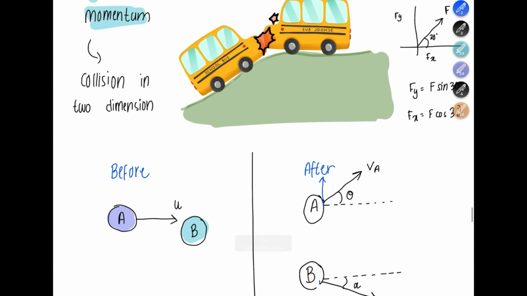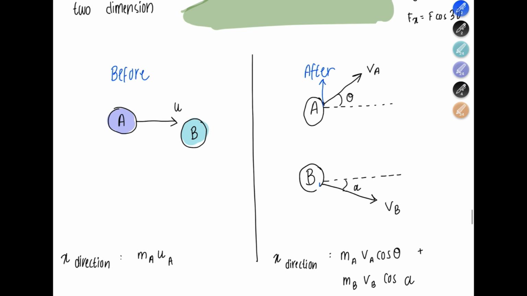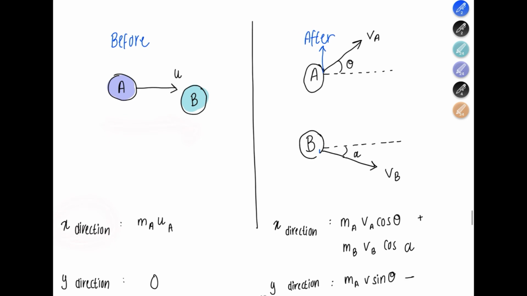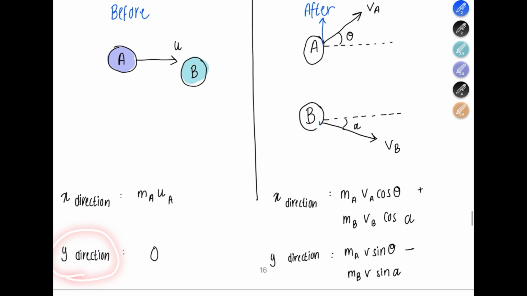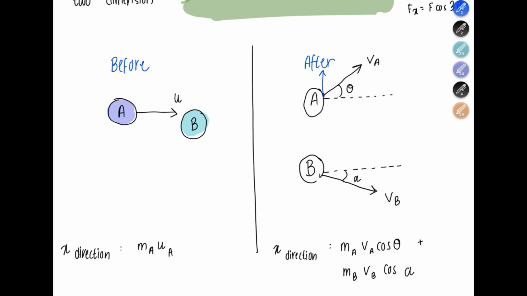Now let's write down the equations for this. So we can either solve this in x direction, which is parallel to the velocity, or we can find it in the y direction, which is perpendicular. It's your choice, but choose one. What is the initial momentum? Momentum before collision is going to be m, mass of A, multiplied by the initial velocity of A, plus 0, because the momentum of B is 0, mass multiplied by 0.